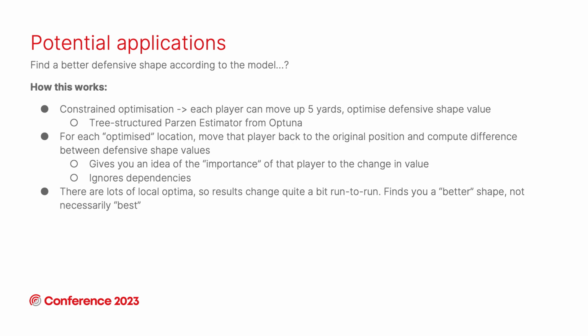It might be that the model thinks if this player moves here and this player moves here, then the defensive shape's better. But if one does it individually, and the other one stays where they are, maybe that even makes the defensive shape worse. So it's not picking that up, but it gives you some way of seeing which players the model cares about most for the change in defensive shape value.